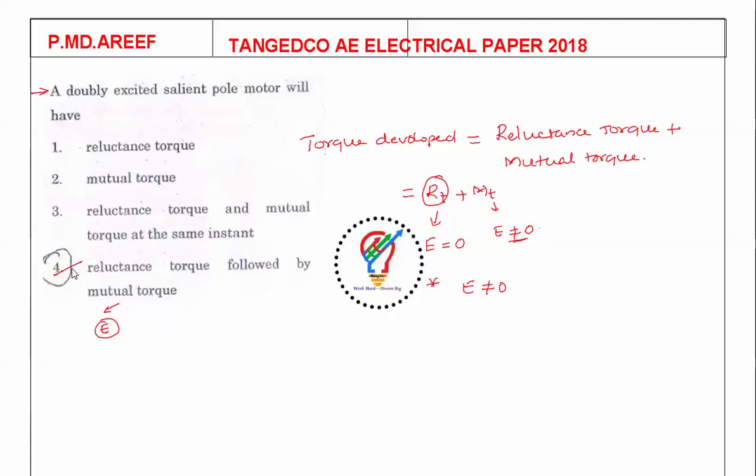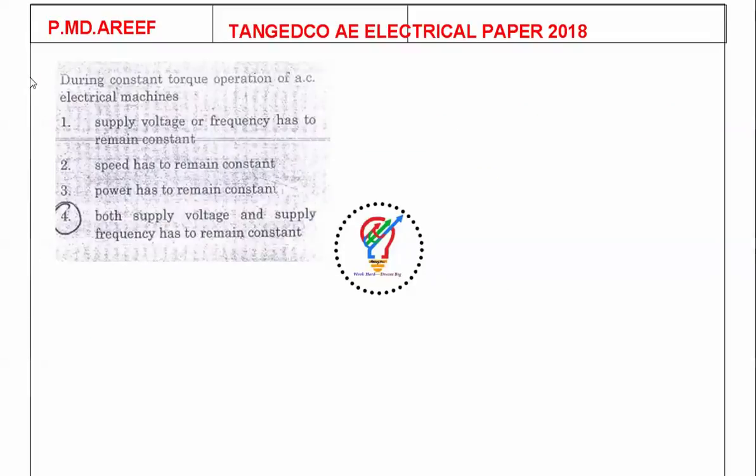Next question: during constant torque operation of AC electrical machines. Let us take any machine formula, for example the simplest one, a transformer.